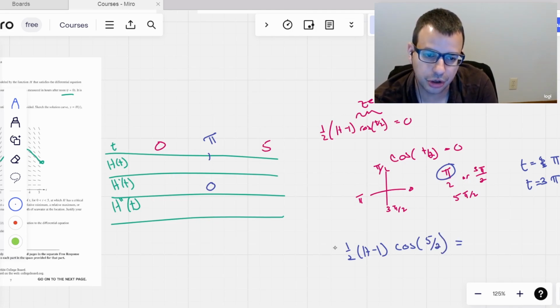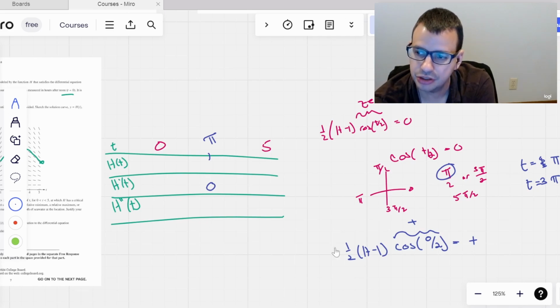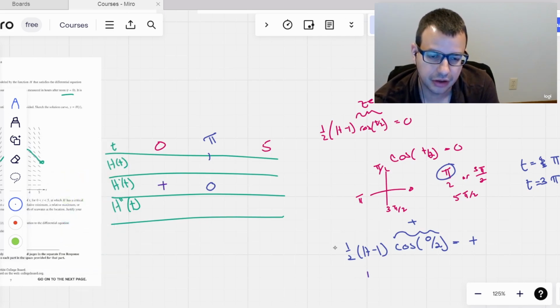Cosine of, actually I'll start with 0. 0 over 2, that's cosine of 0, that's positive. So this whole thing right here is going to be positive. So I know on the 0 side here, this is going to be positive.